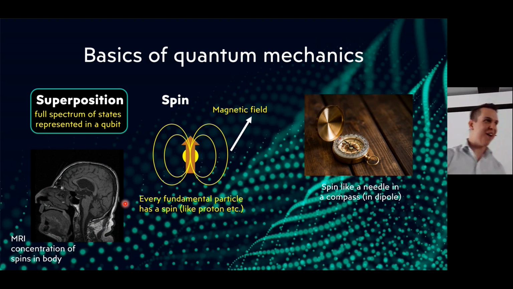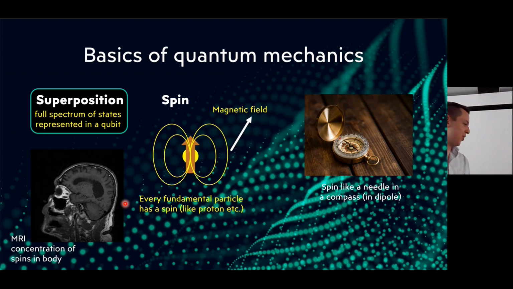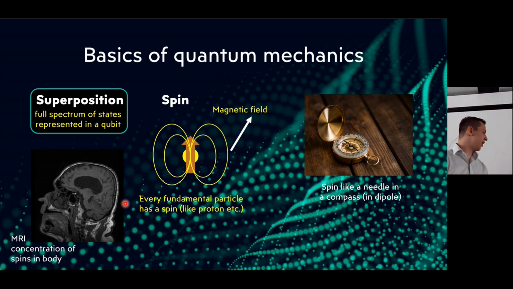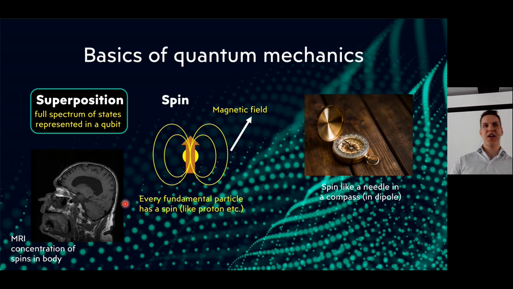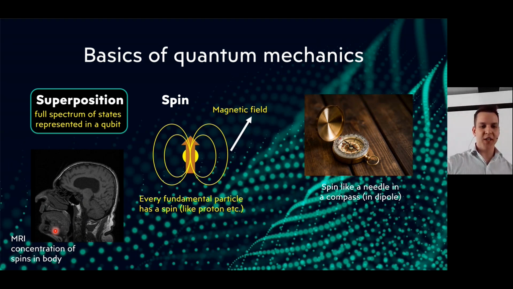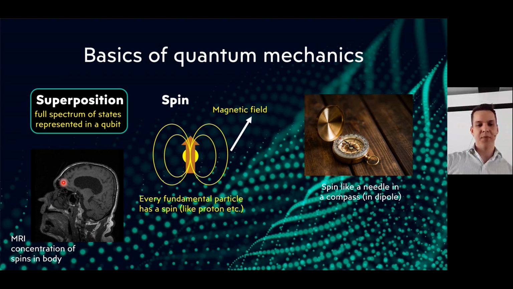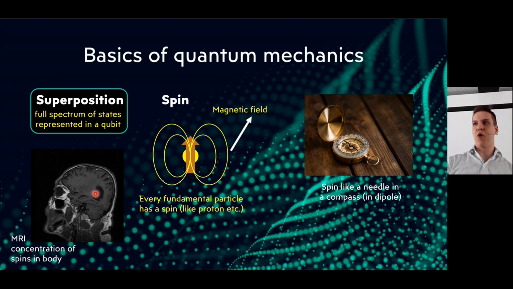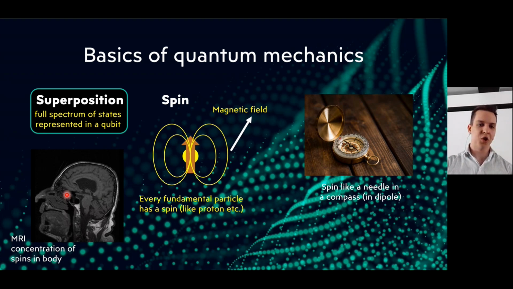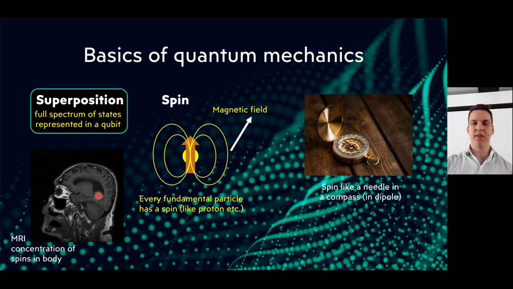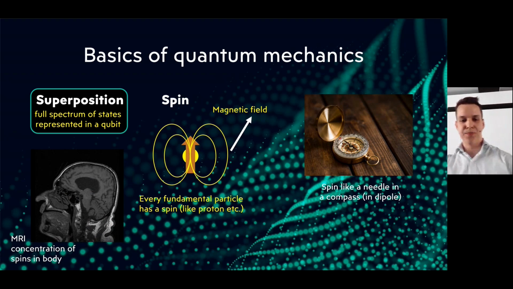And if you have ever had the misfortune to need an MRI, you will see the concentration of the spins in your head. If you have a really high concentration of proton spins, then you will see the white area here. And if you have less matter that can show the spins, then you will get a darker area.